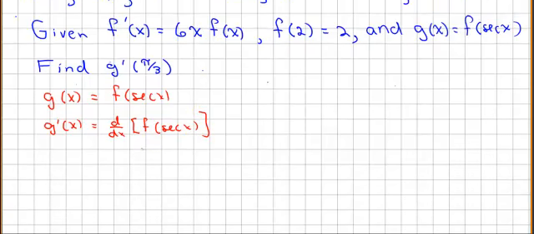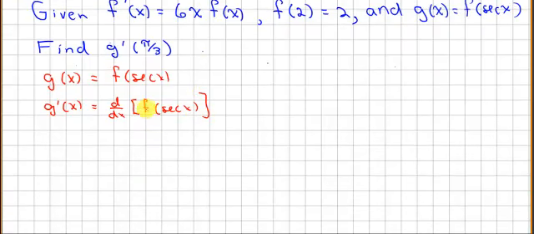And this is a composite function. We have the outside function being f and the inside function being secant. So this derivative is f prime evaluated at the inside function, secant of x, times the derivative of secant of x, and the derivative of secant of x is secant of x times tangent of x.